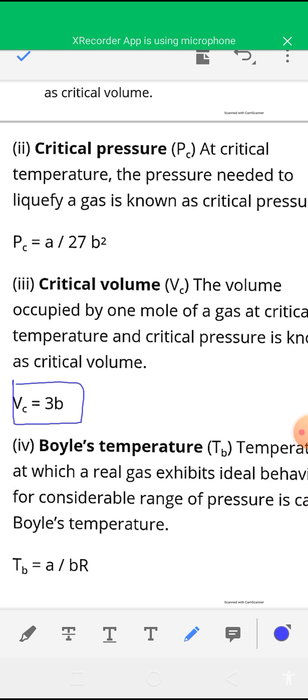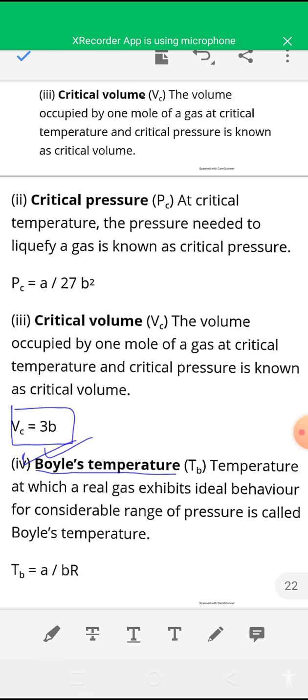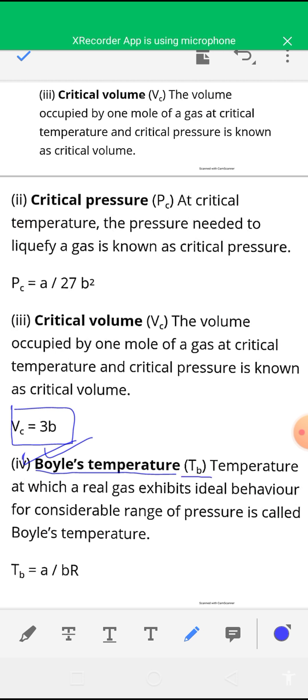Now the last point, Boyle's temperature. What is Boyle's temperature? It is denoted by TB. The temperature at which a real gas exhibits ideal behavior for a considerable range of pressure is called Boyle temperature.